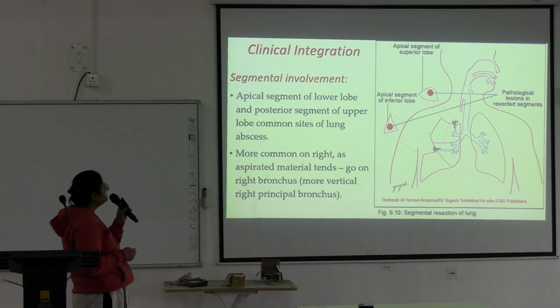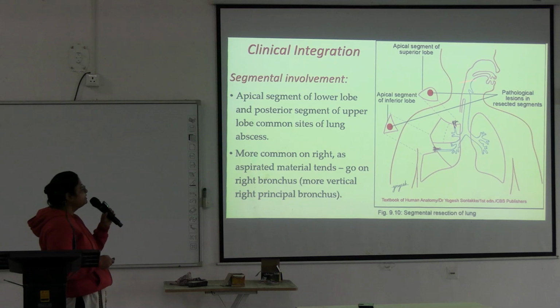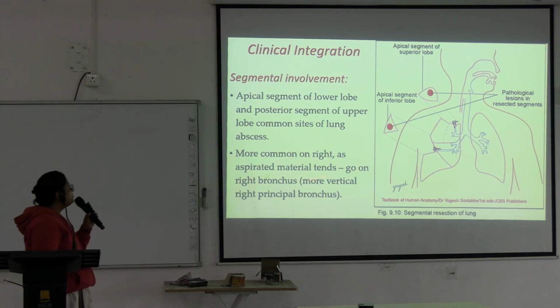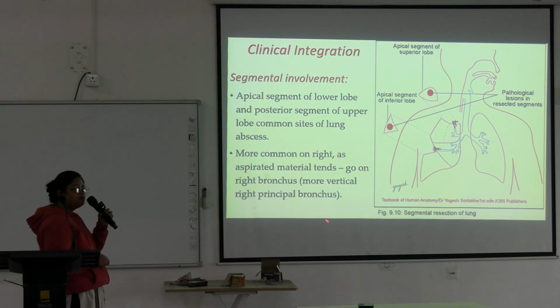Now we go to the clinical aspect. First is segmental involvement. Apical segment of the lower lobe and posterior segment of the upper lobe are the most common sites of lung abscess. And it is more common on the right side as the aspirated material tends to go to the right bronchus, which is more vertical and more in line with the right principal bronchus.